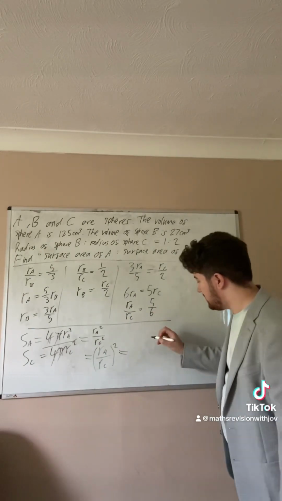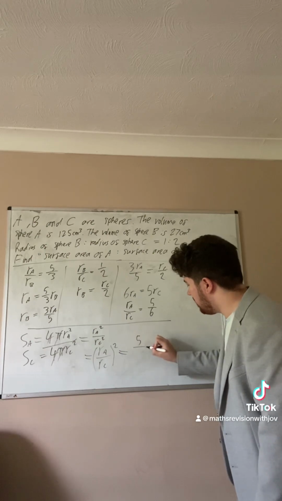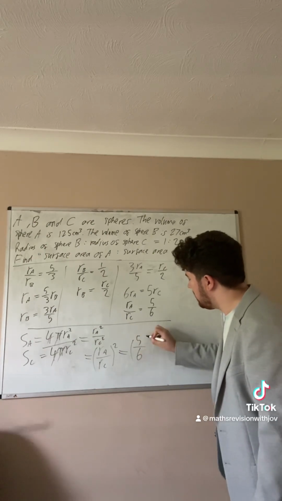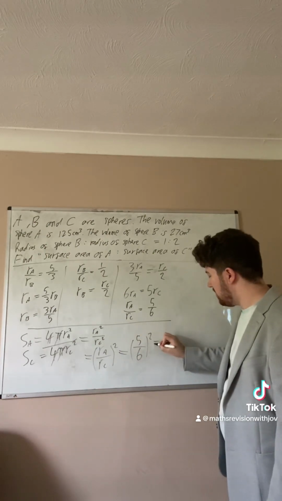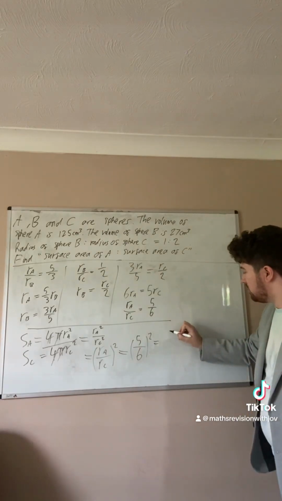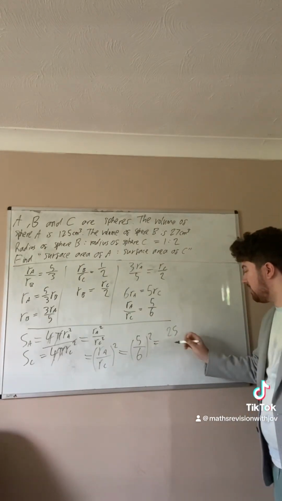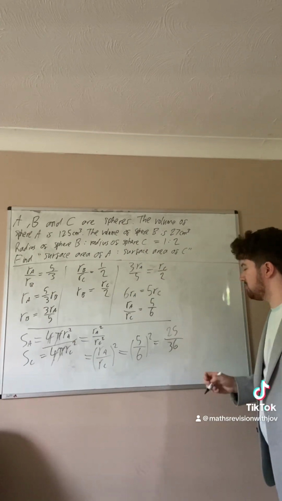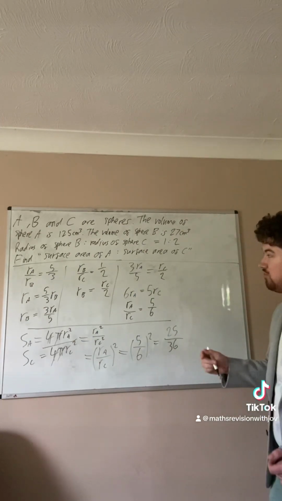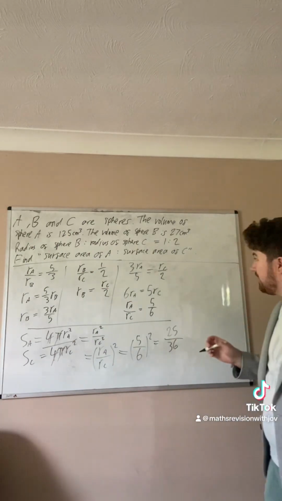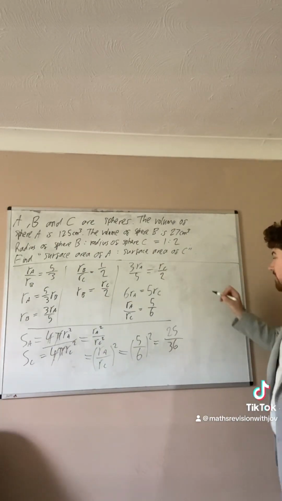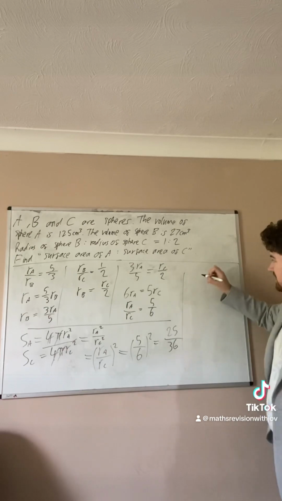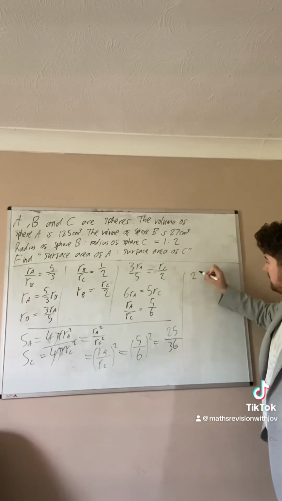This is just 5 over 6, so we get 5 over 6 squared, and that is just 25, because we're squaring the 5, divided by 36, because we're squaring the 6, which means that the ratio of the surface area of A to the surface area of C is in the ratio 25 to 36.